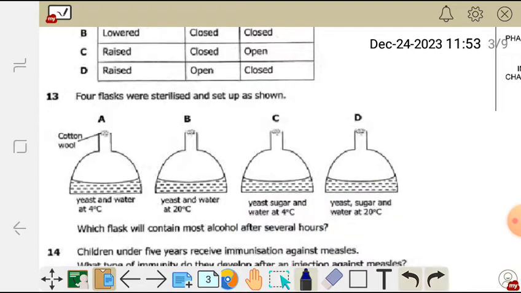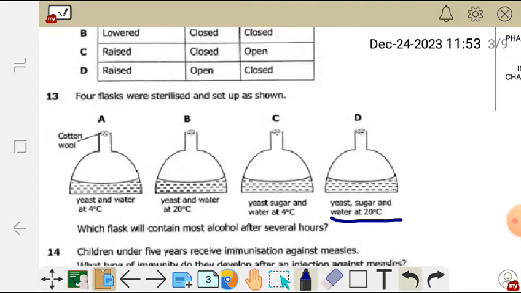So the question continues to say, which flask will contain most alcohol after several hours? The one which will contain most alcohol is flask D, where we have yeast, sugar, and water at 20 degrees Celsius.